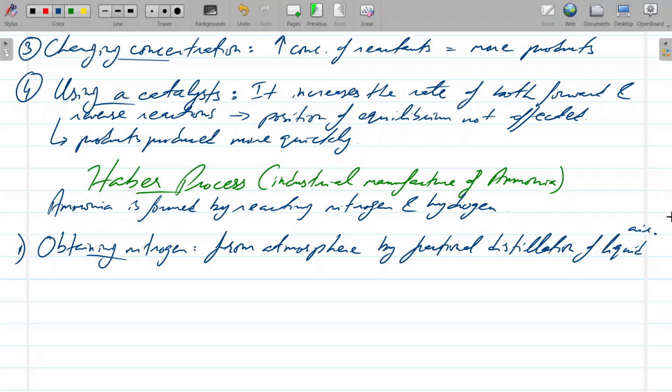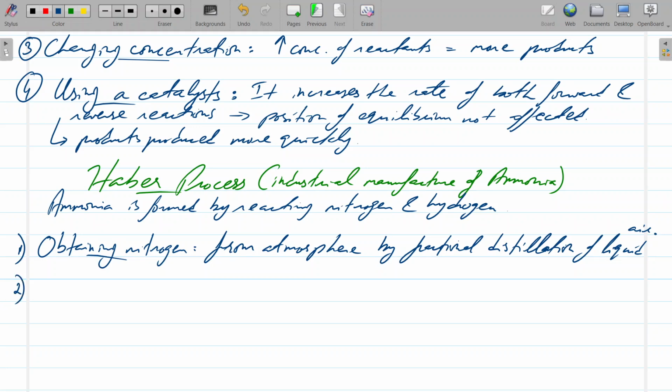That's basically the concept of fractional distillation, applied to a much wider scale in the separation of fractions from crude oil. But what they're doing here is the fractional distillation of liquid air. So they liquefy air, and then they separate the oxygen and the nitrogen and everything else. So that's where the nitrogen is coming from.